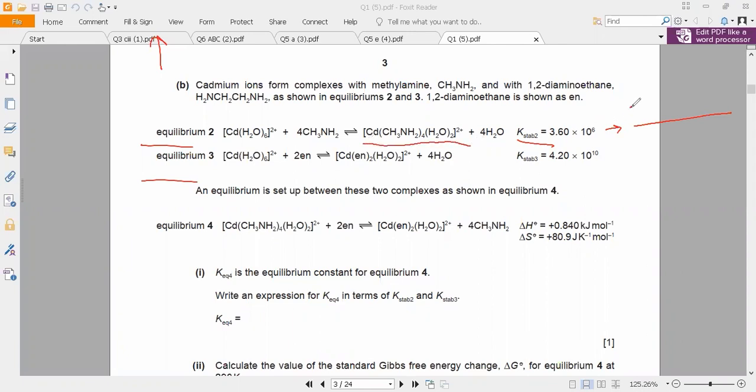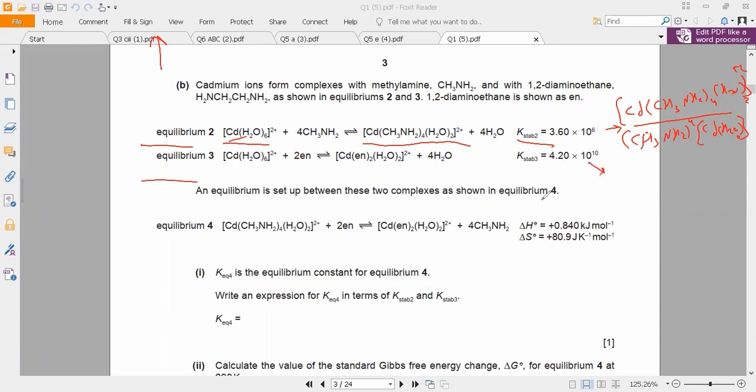We will have this one, [Cd(CH3NH2)4(H2O)2]2+ over [CH3NH2] to the power of 4 times this one, [Cd(H2O)6]2+. So this is, guys, the first Kstab.